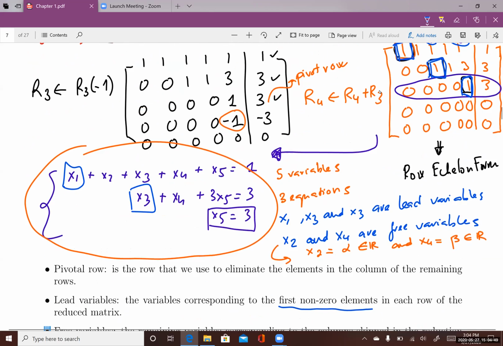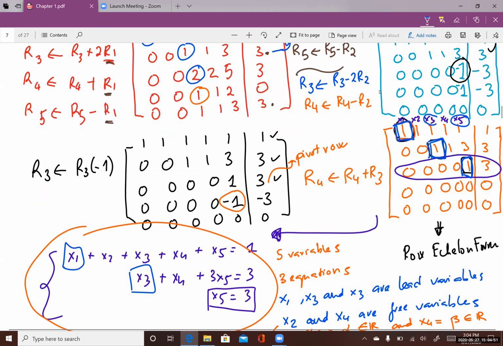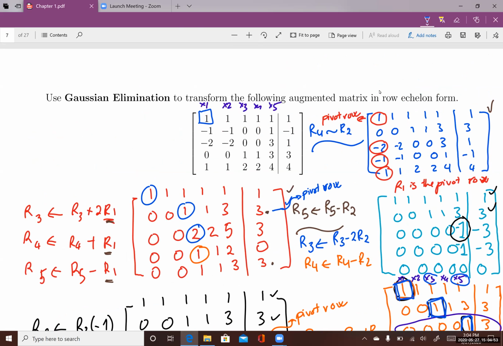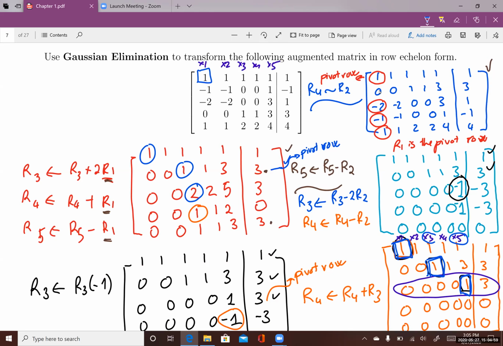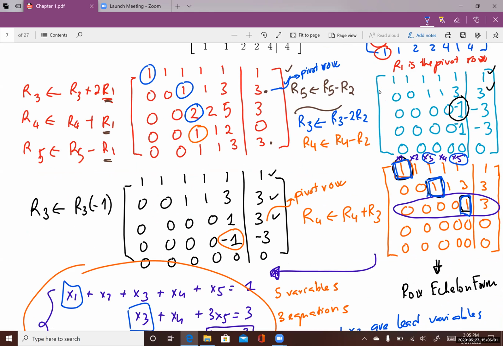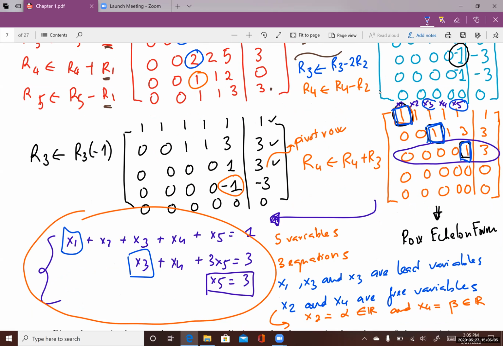So this is an example of how you first transform an augmented matrix of a system using row operations into the row echelon form, and from the row echelon form, you can use back substitution to solve for the variables x1, x2, x3, x4, and x5 using pivot positions, which are leading variables.